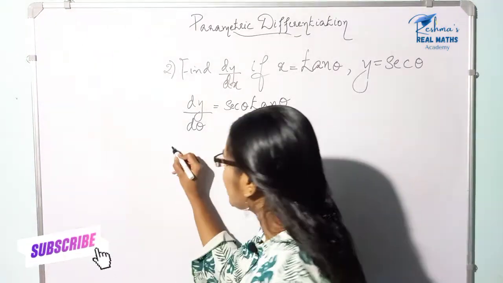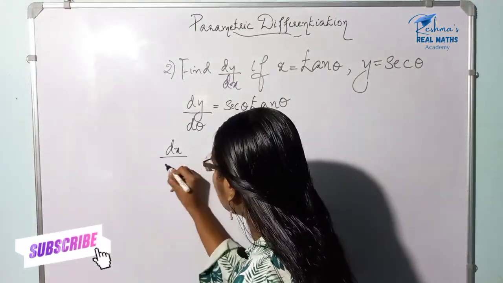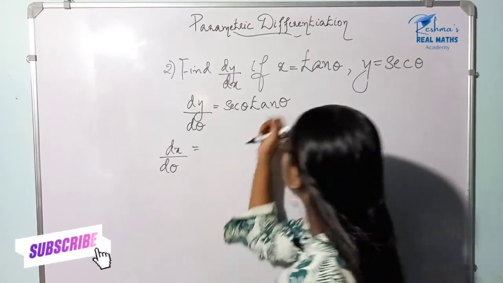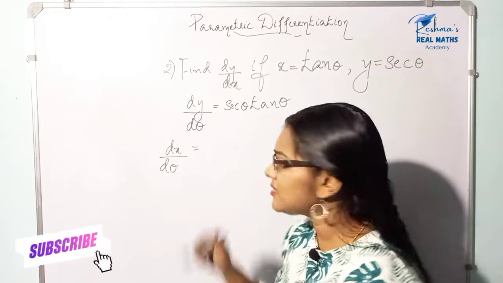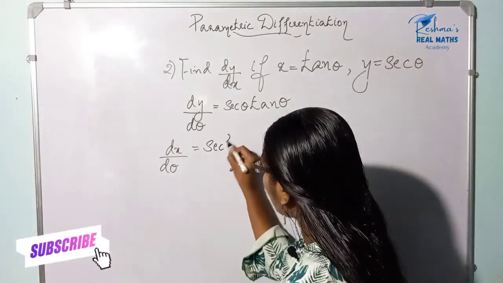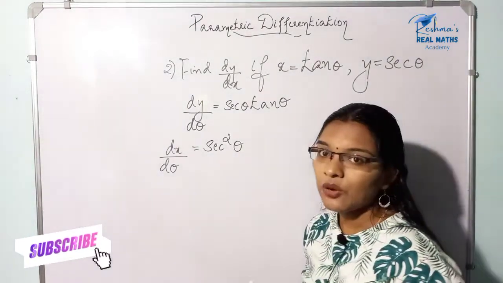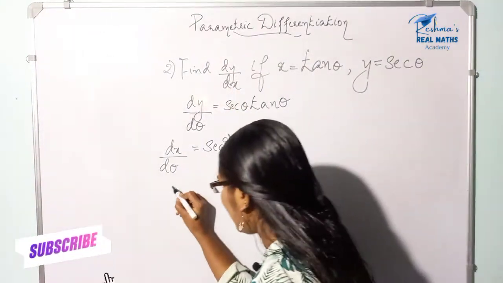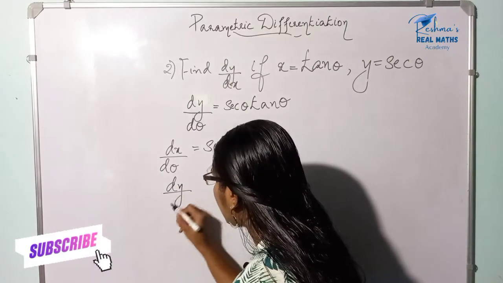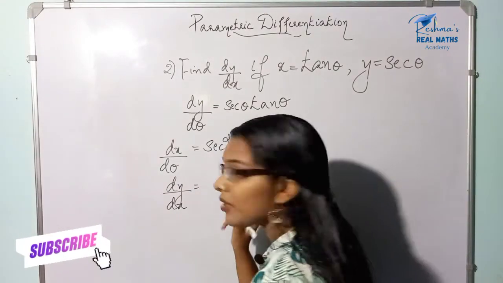Next, what is the derivative of x with respect to theta? That is derivative of tan theta with respect to theta. What is it? It is sec square theta. Now what we have been asked to find? Dy by dx. So dy by dx, what is the formula?